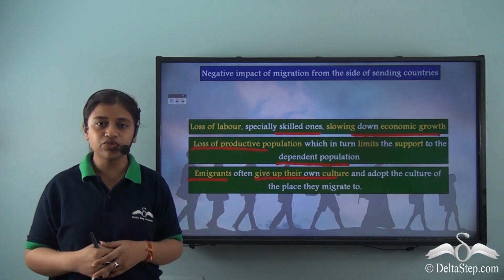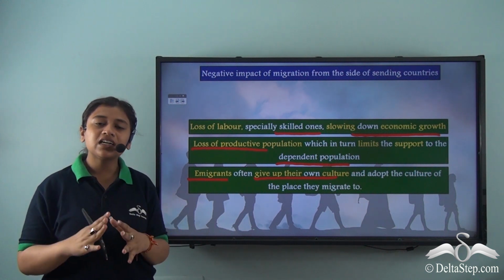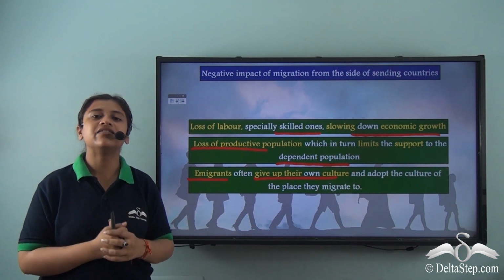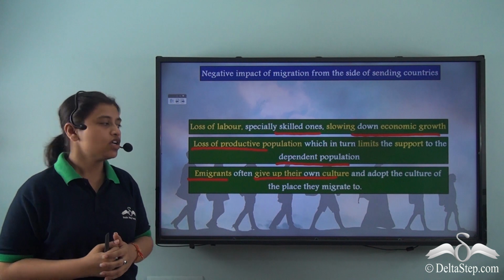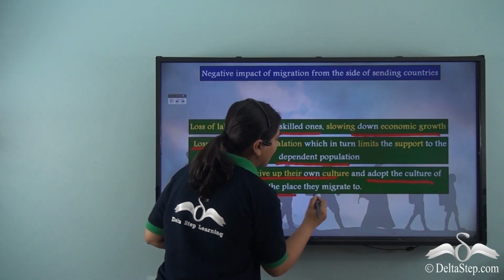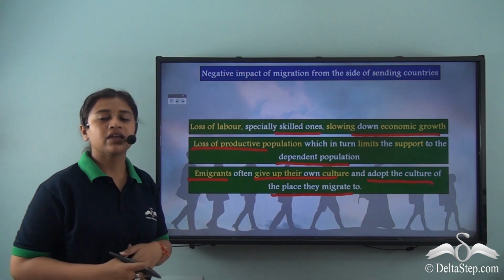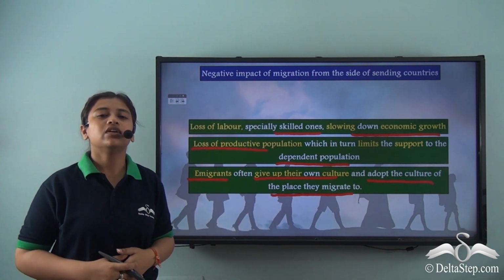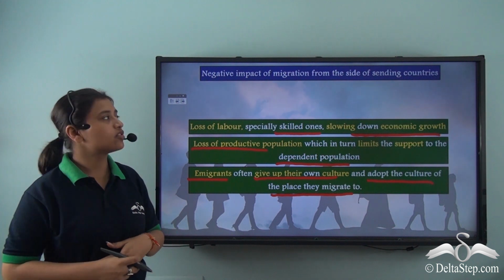Unfortunately, this is very true. Emigrants tend to give up their culture in order to make themselves a part of all the people living in the country they have migrated to. So they tend to adopt the culture of the place they have migrated to, right? So all these count as the negative impacts of migration for the sending country.